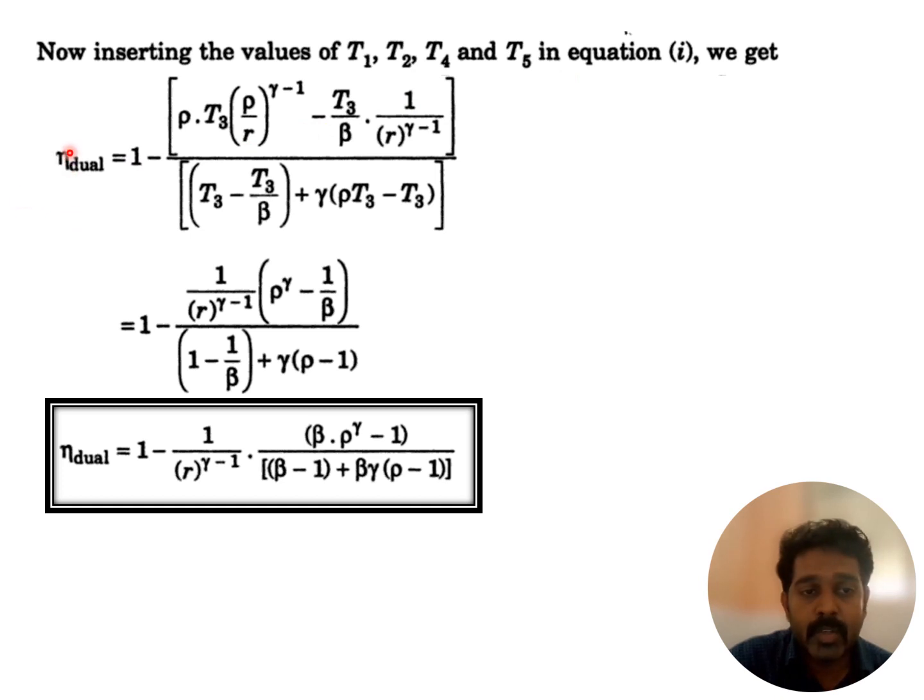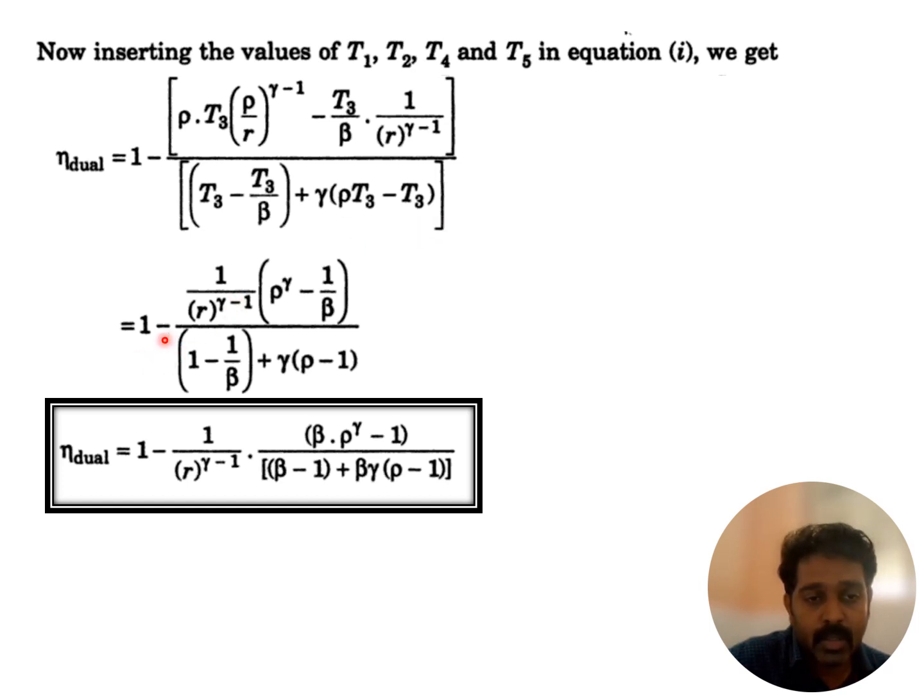So the efficiency of the dual cycle equals 1 minus rho into T3, the whole power gamma, divided by r the whole power gamma minus 1, minus T3 divided by beta into 1 divided by r power gamma minus 1, all divided by T3 minus T3 by beta plus gamma into rho T3 minus T3.